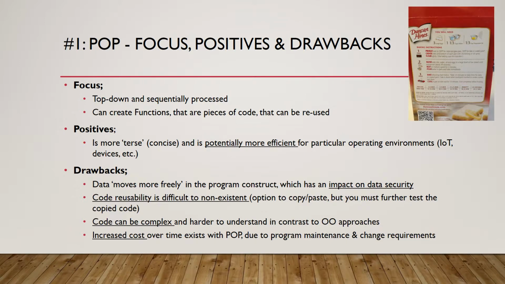One thing is there's also an increased cost over time with POP due to program maintenance and change requirements. If you're building a large program in C, for example, for an organization, over time they'll have change requirements that come into play, and those can get pretty sticky and require additional code to be inserted in different places in the code stream, which could result in what some folks will affectionately call spaghetti code.